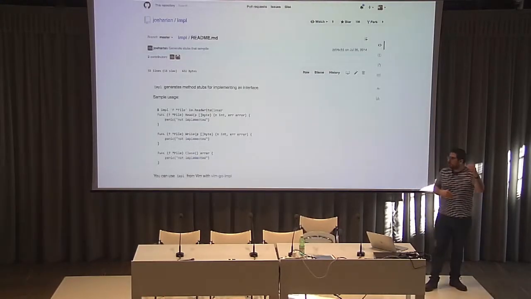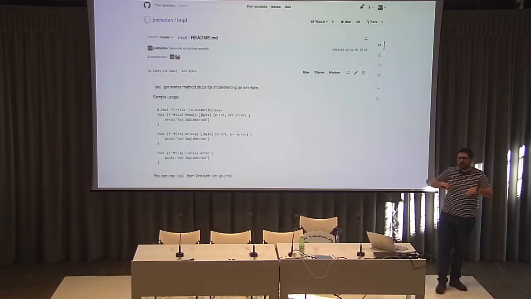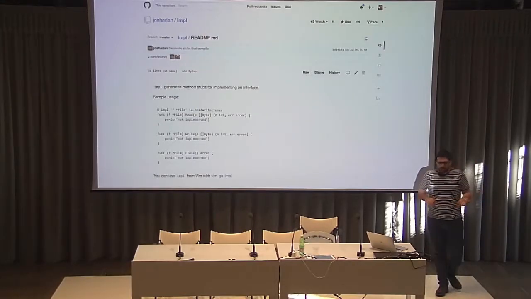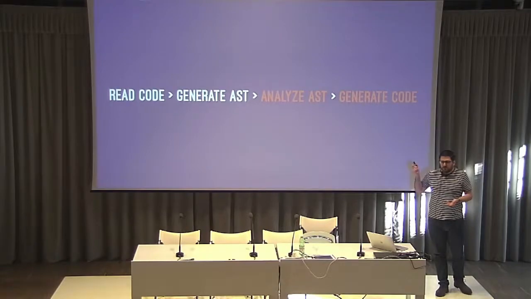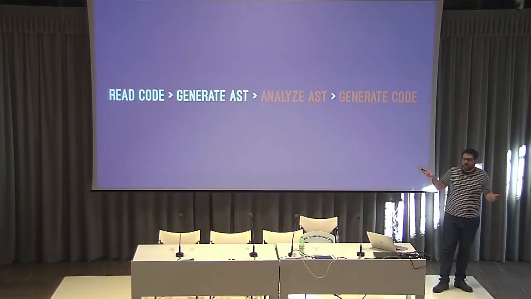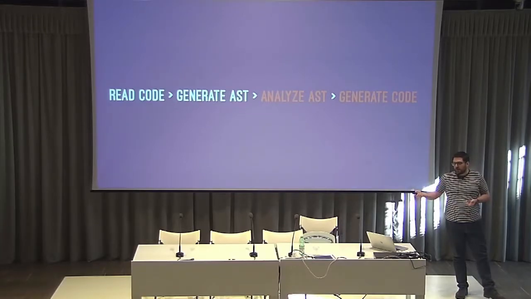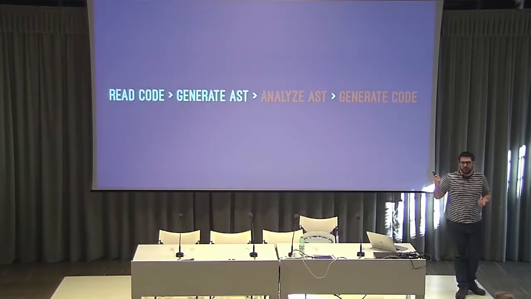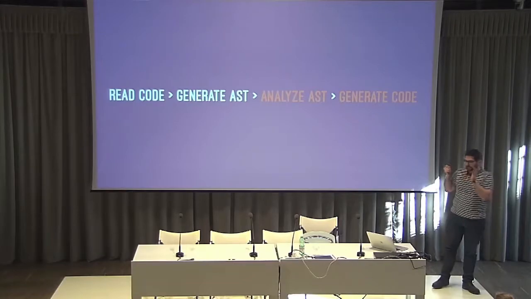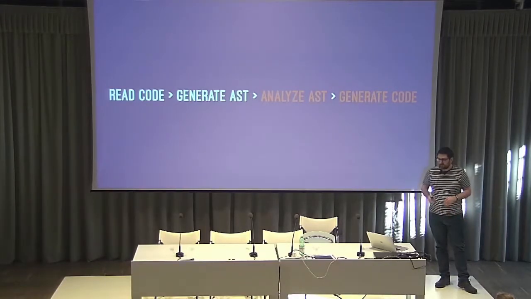You can get all the boilerplate with the panics, and you just fill in the blanks. And this basically, like before, we read the code, get the abstract syntax tree, and now instead of modifying it, what we're going to do is analyze it and generate the code.